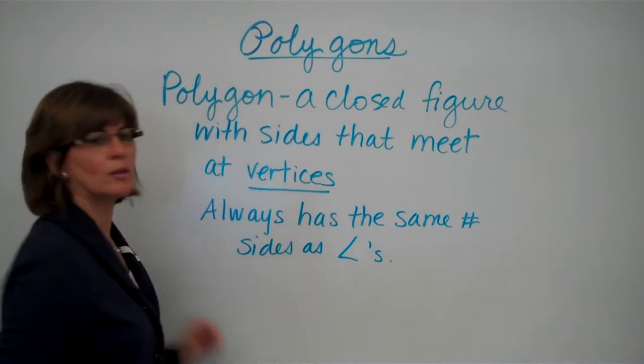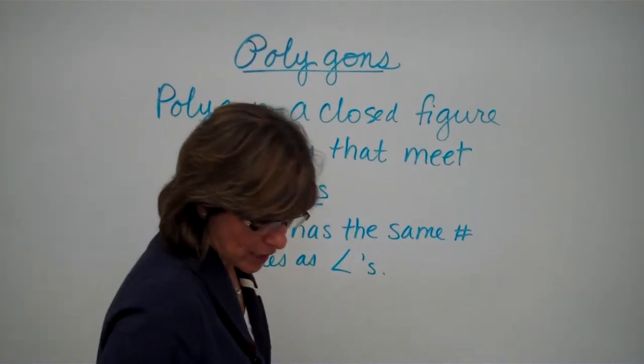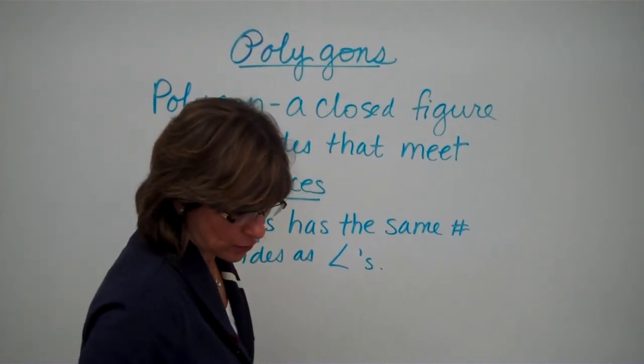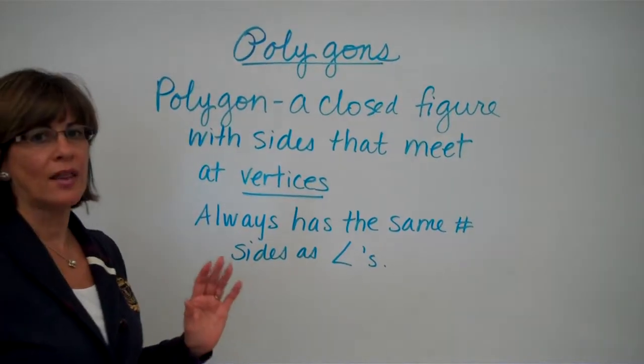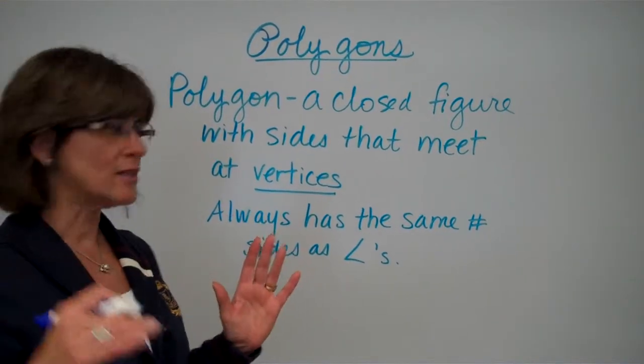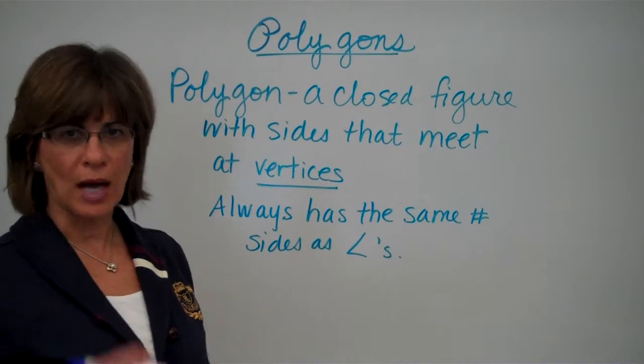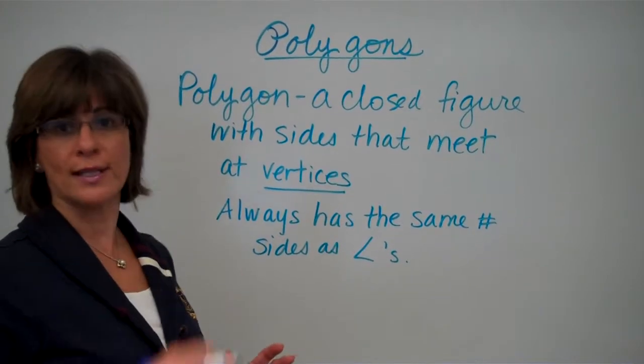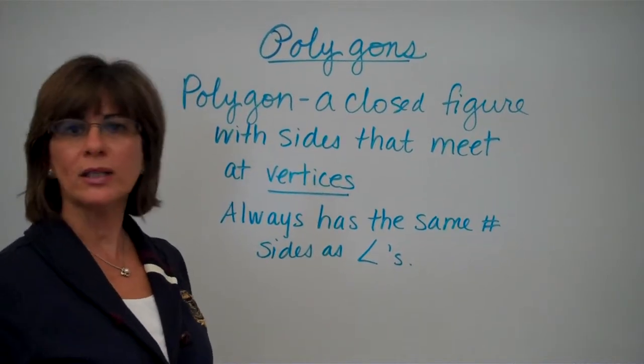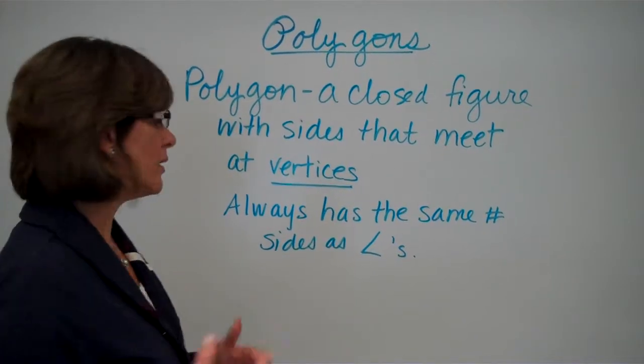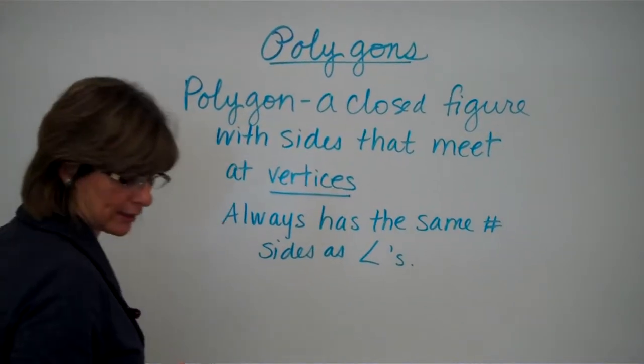And I'll just use that little abbreviation for angles. You want to make sure that you understand that it has sides. So a circle is not a polygon. An oval is not a polygon. But a triangle, a hexagon, an octagon are all examples of polygons.